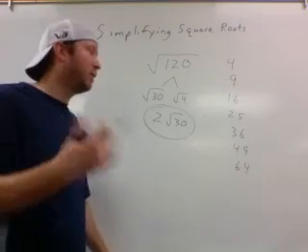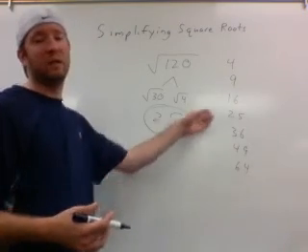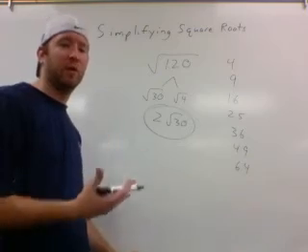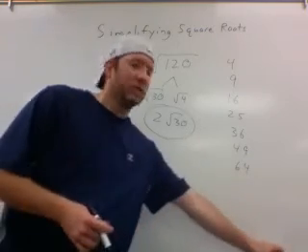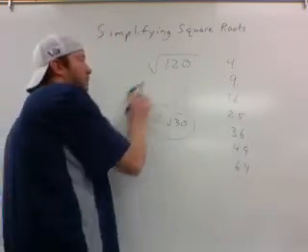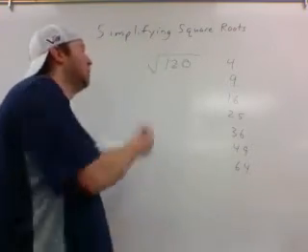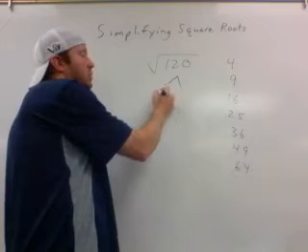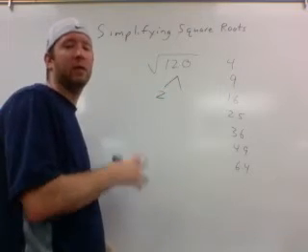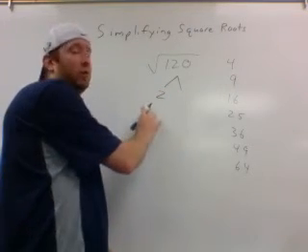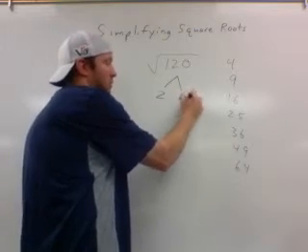Now, as you can tell, that was sort of a thinking process. I had to try to figure out which one of these numbers divided in evenly. So there's another method that works well, and that's using the factor tree idea. If I use a factor tree, I can start just going, all right, 120, 2 goes into it: 2 times 60.